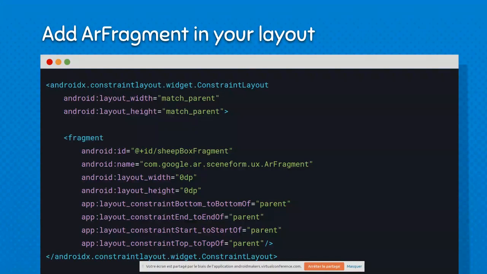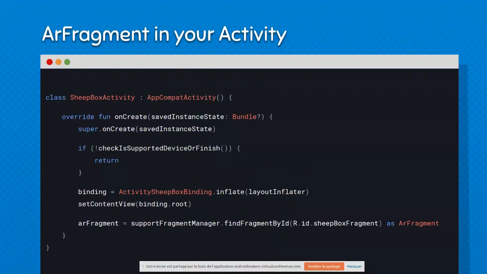So just to access your fragment from your activity, you can check if the device is supporting it or not, and then this is with data binding, and then you find your ARFragment and then you can play with it. So here's your ARFragment from your activity.